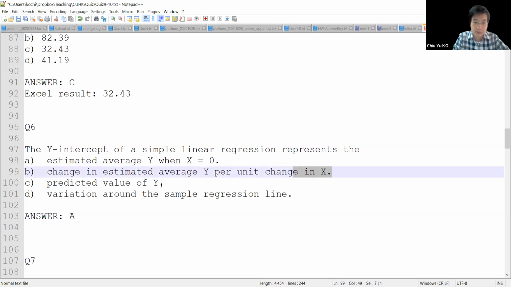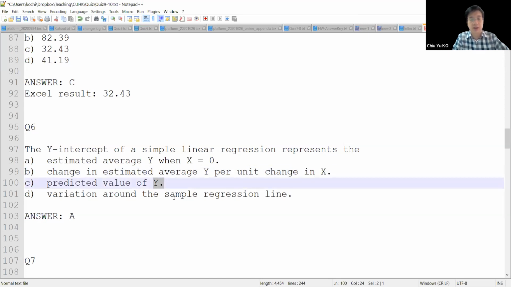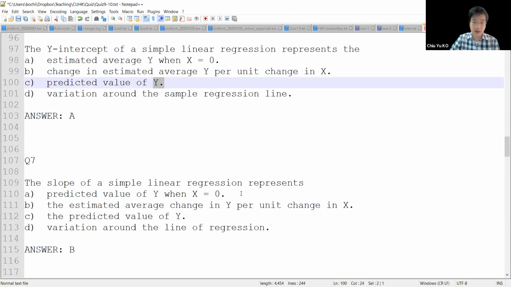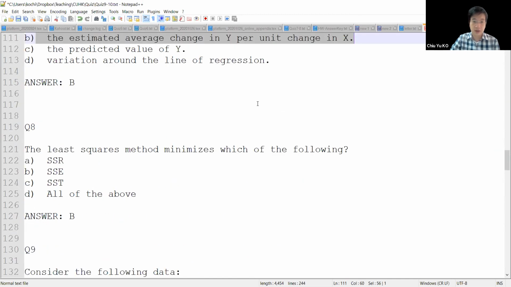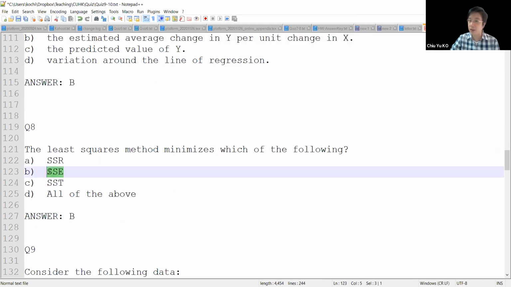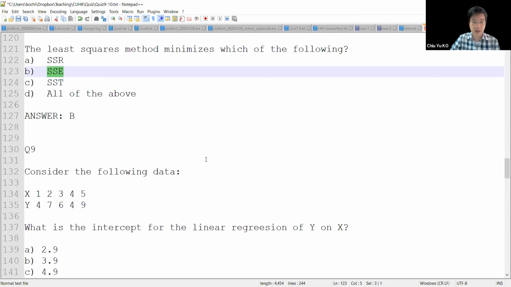The predicted value is not it, and the variation is related to the standard error of regression. So only A is the right answer, and the slope and intercept will be, as we said, answer B. This is rather intuitive. Least squares minimizes the sum of squared residuals, so it's just B, by definition.